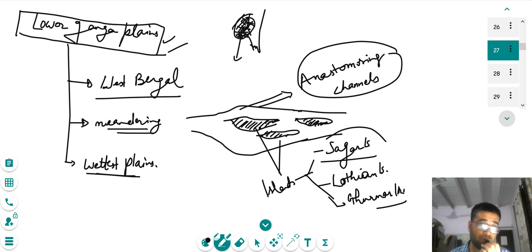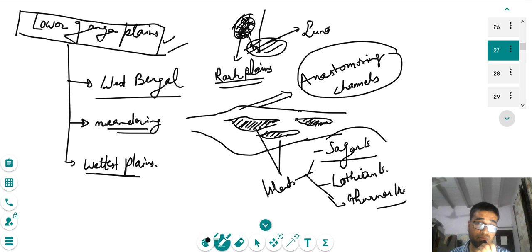And these older alluviums in West Bengal are called the Red Plains, RARH, Red Plains, right? You can remember this also. And this region forms the Sundarban Delta, right? So this is the topography and the general features of the lower Ganga plains.